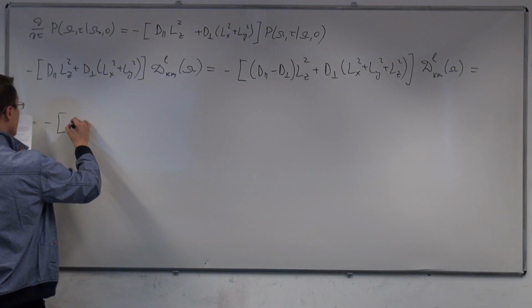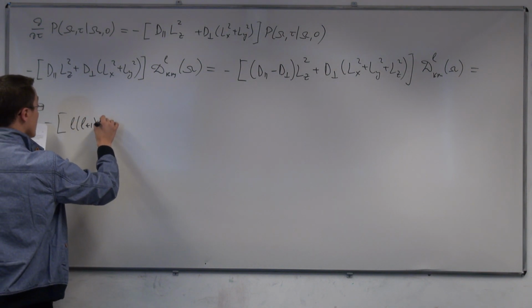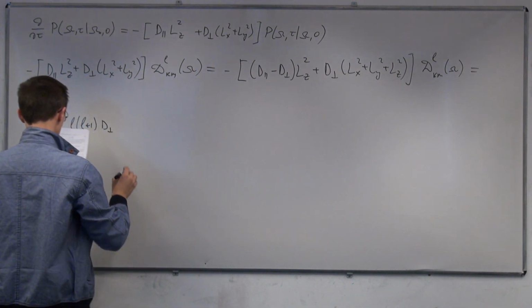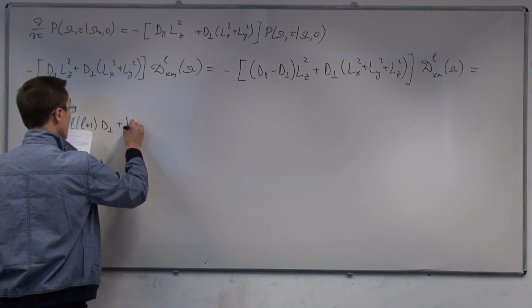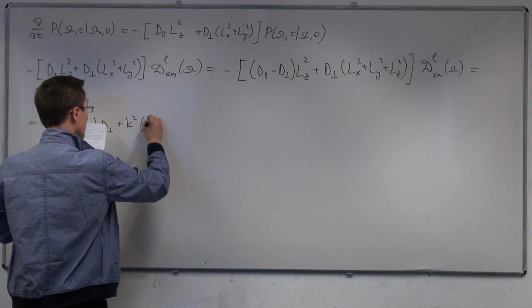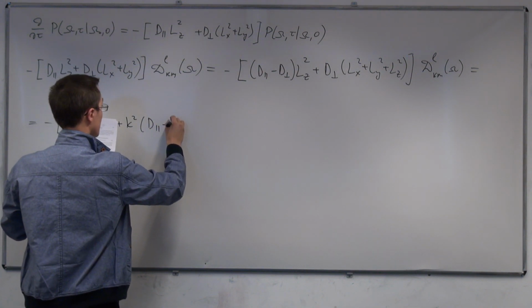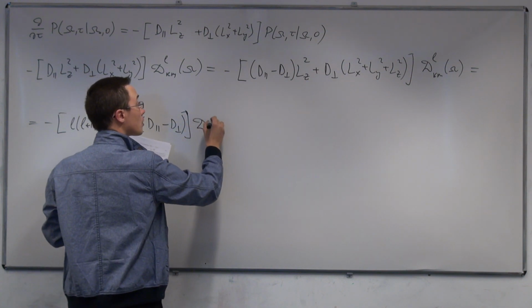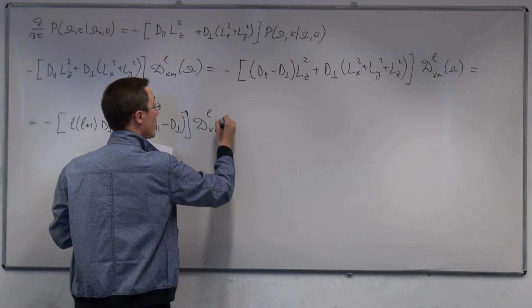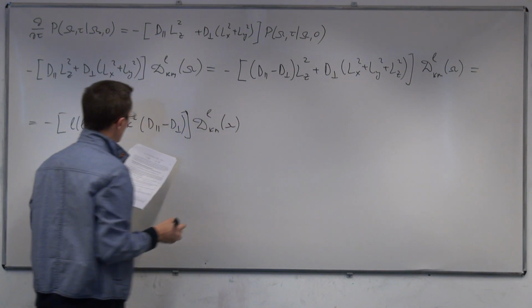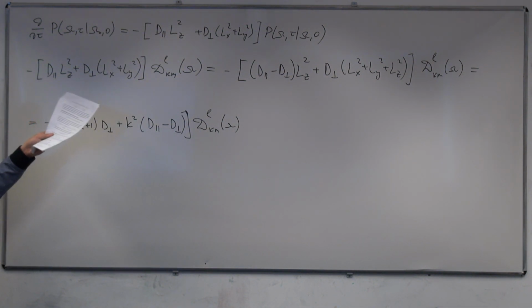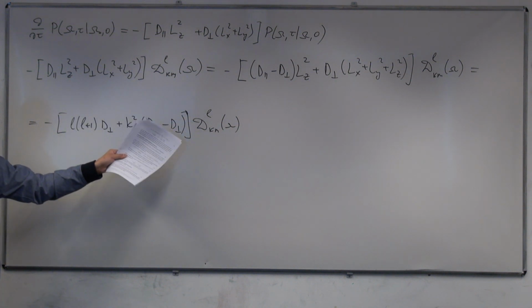So we will have L(L+1) D perpendicular, this term here, plus k squared (D parallel minus D perpendicular), and then the original function D^L_km of omega. So Wigners are still eigenfunctions of this axial diffusion operator, but with different eigenvalues.